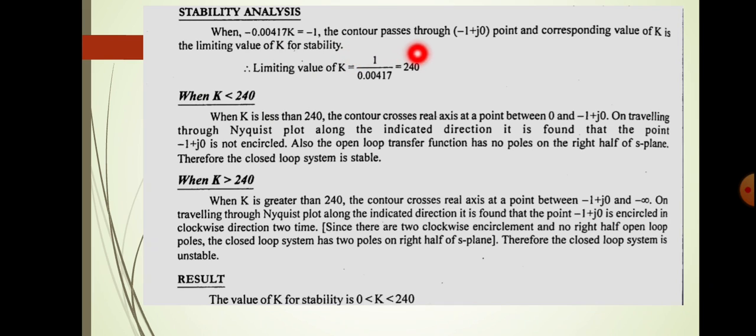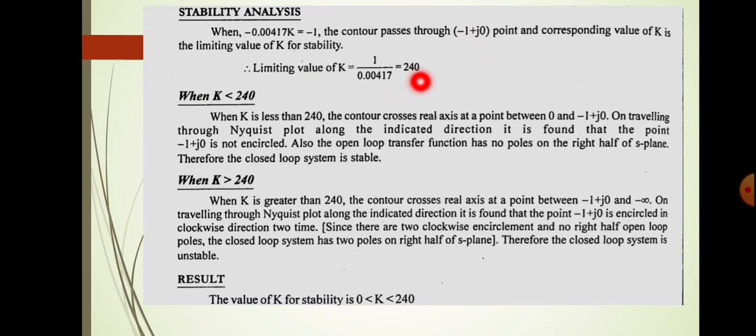That means the contour passes through the minus 1 plus 0j point, and when it passes through the minus 1 plus 0j point, the corresponding k value will be equal to 1 divided by 0.00417. That means equal to 240. That means this is the limiting value of k for which this system is stable. That means when the contour passes through the minus 1 plus 0j, the k value will be equal to 240.